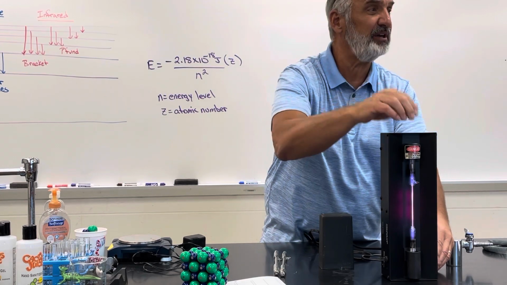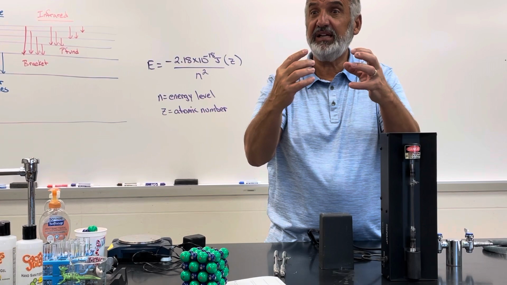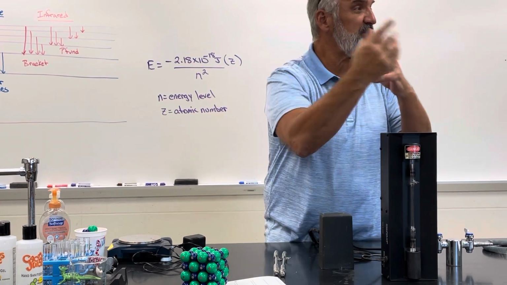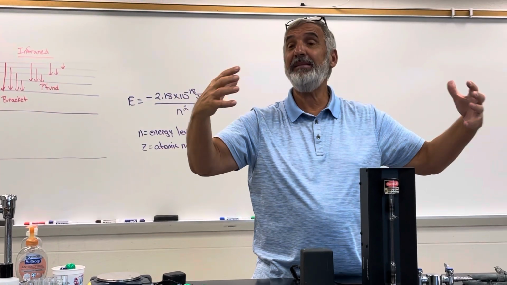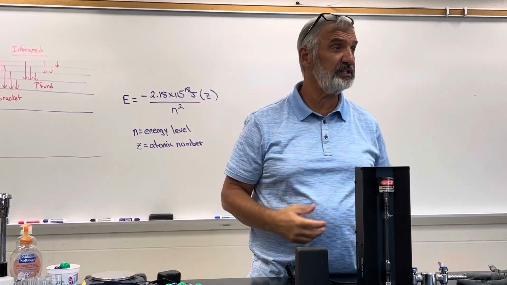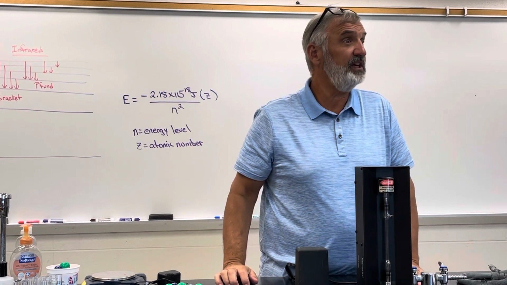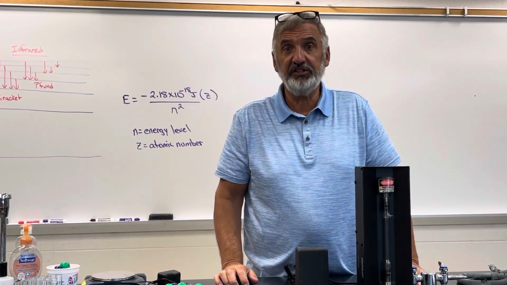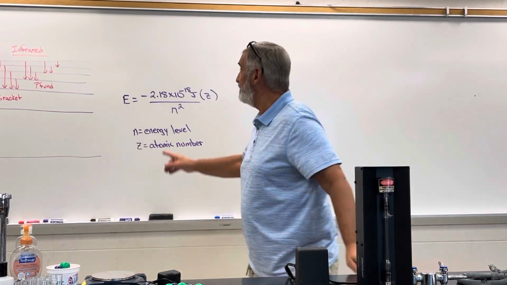How can this be happening? Classical physics said that the electron, a charged particle rotating around, ought to be giving off energy and just cave into the nucleus, but it didn't. So Bohr said, well, it doesn't cave in, so it must have a fixed energy. And he was able then to calculate the fixed energy.